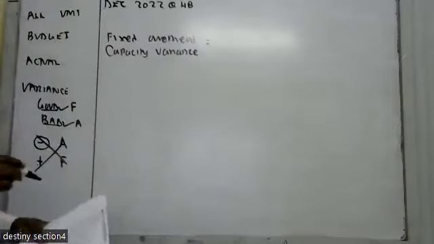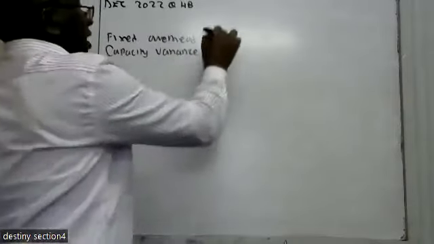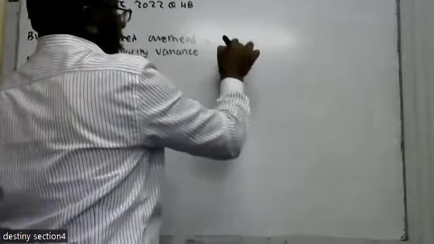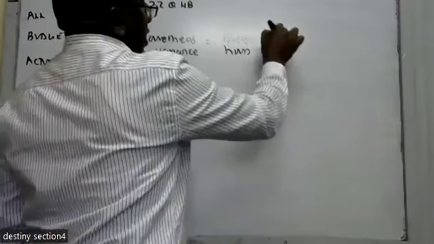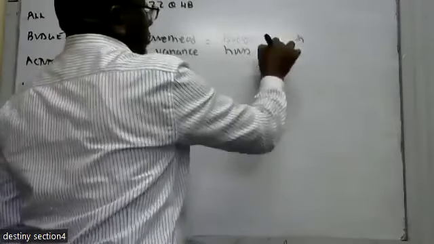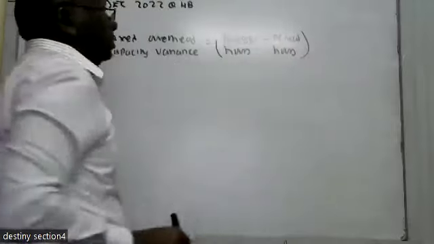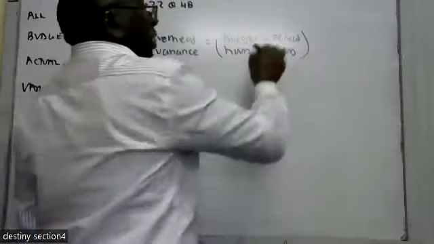Fixed overhead capacity variance. Now this one is given as budget hours. Budget hours, you minus actual hours.